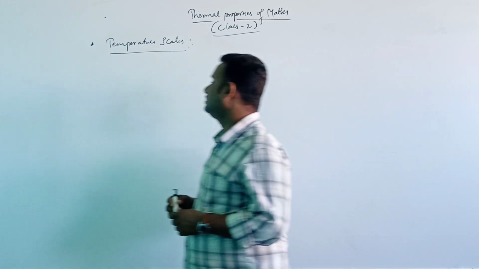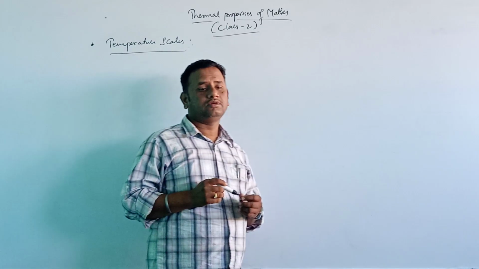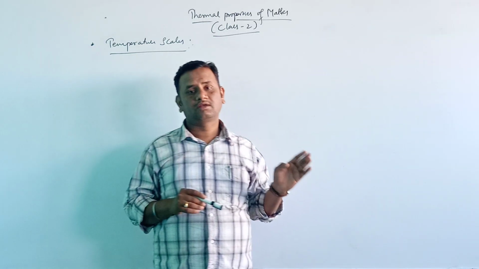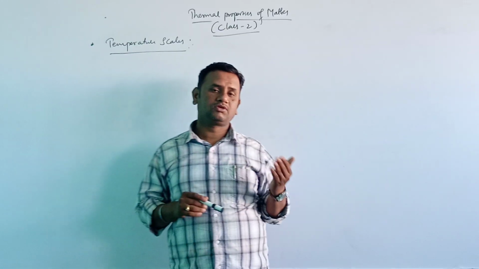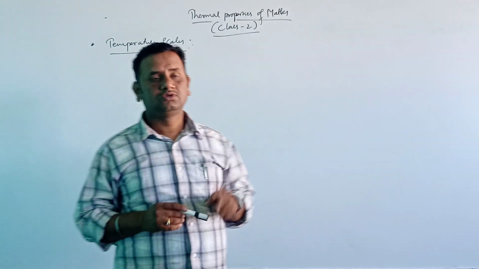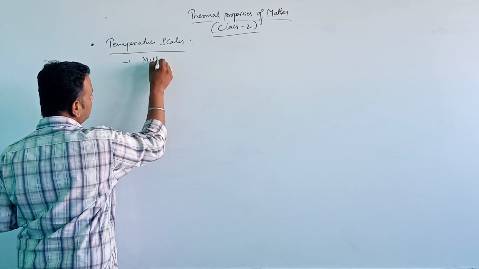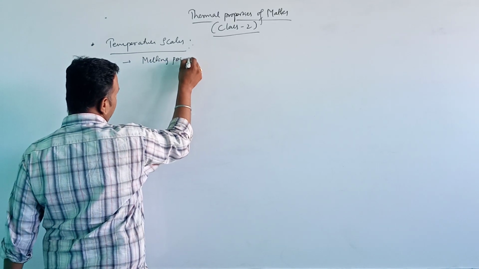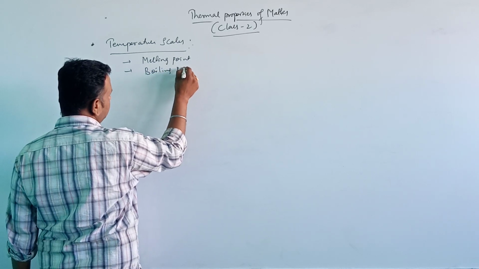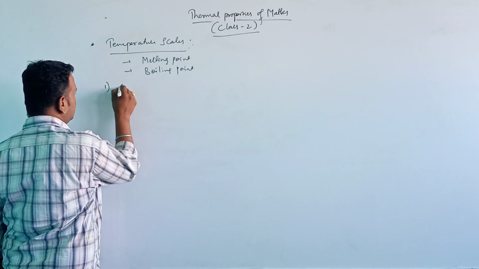Any scale has 2 points: one is called the melting point, and the other is called the boiling point. First we will discuss the Celsius scale.